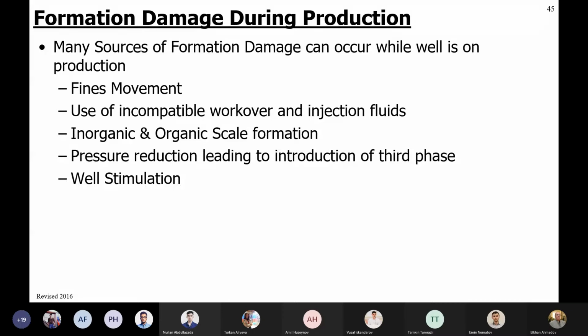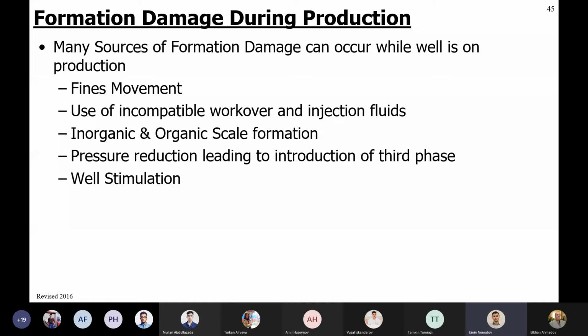We have covered this earlier in the previous semester. So what would it mean? Which type of third phase is meant here? For example, we want to extract oil or gas, and after pressure reduction, water can flow to the wellbore.